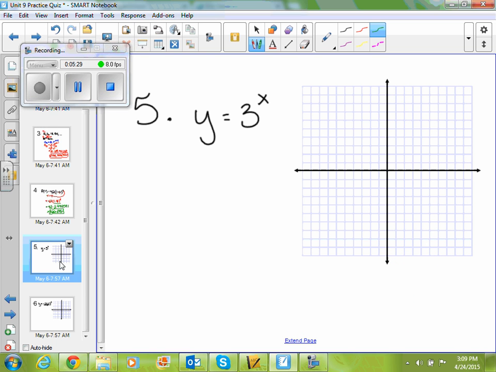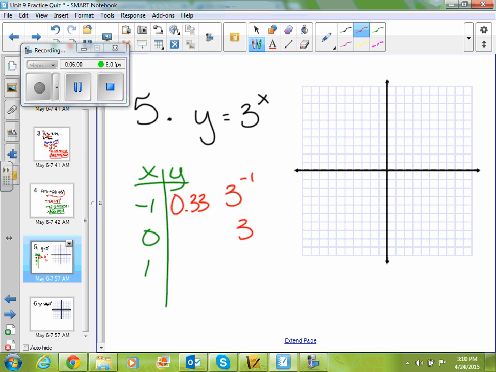Okay, so then on number 5 and number 6, we're told to graph the exponential function y equals 3 to the x. On graphing, we use negative 1, 0, and 1. Those are the numbers you're always going to use when making your table of values. If I plug in negative 1, I get 3 to the negative 1, which is 0.33. If I plug in 0, 3 to the 0 is 1.